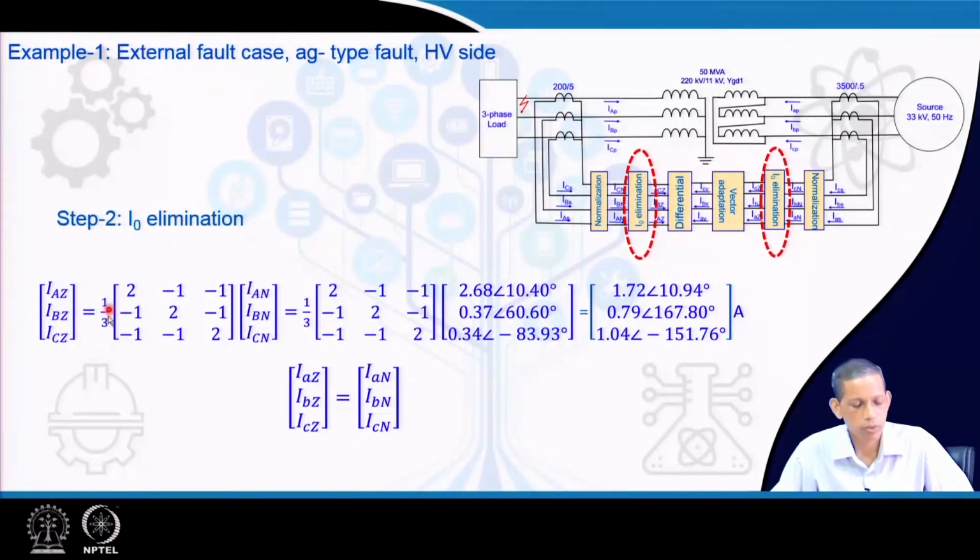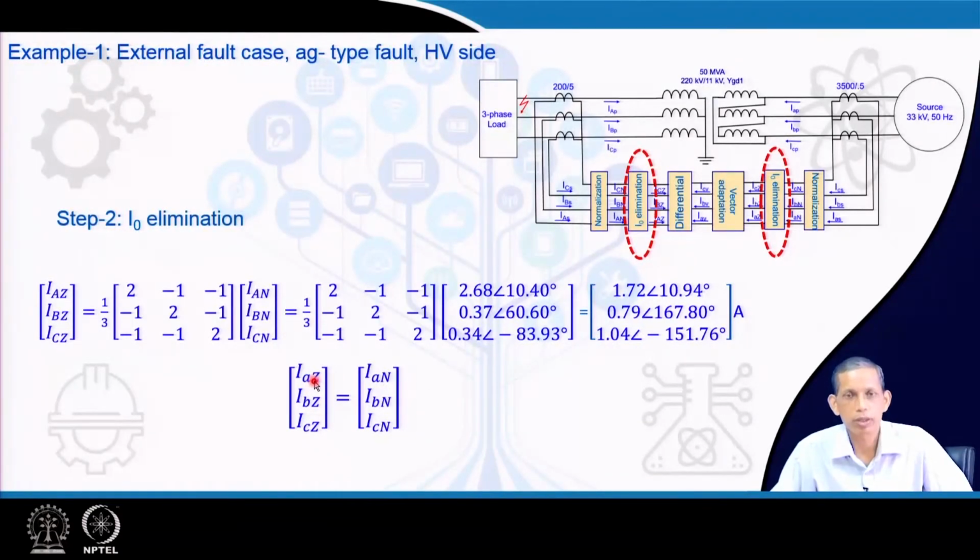As already mentioned, the 1/3 matrix, the zero sequence matrix, is multiplied with the normalized current, and we get IAZ, IBZ and ICZ. After substituting the normalized current, we get the currents after zero sequence elimination to be 1.72, 0.79 and 1.04 ampere on the high voltage side.